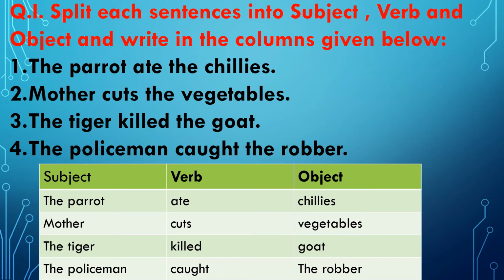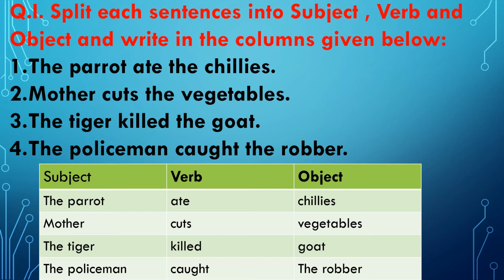Second example, "Mother cuts the vegetables." The subject over here is mother. The action or verb done by mother is cuts. The object is vegetables.